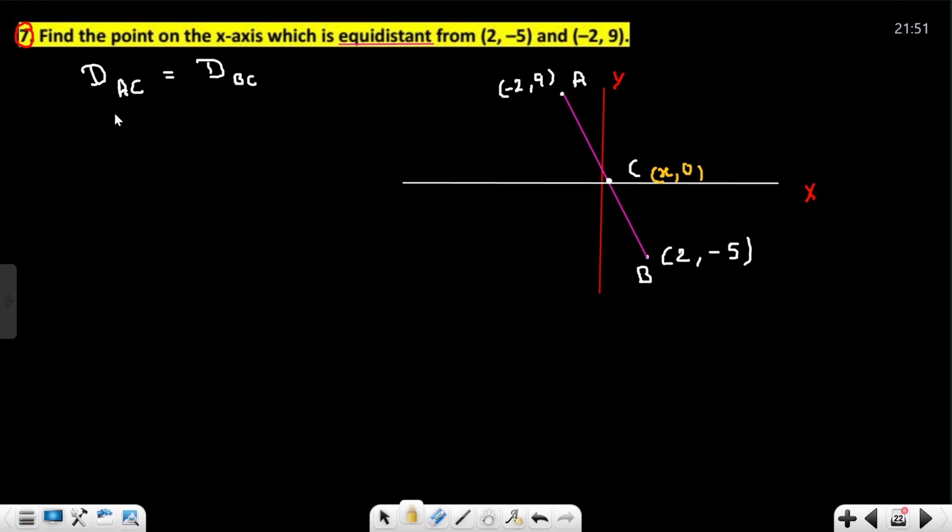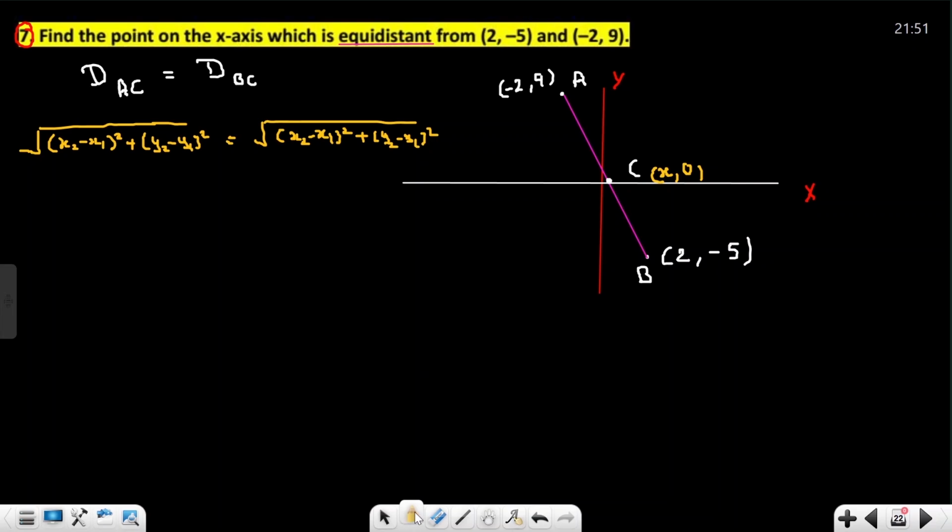So apply the distance formula here. The distance formula is the square root of (x2 minus x1) square plus (y2 minus y1) square, equal to the same distance formula on the other side.